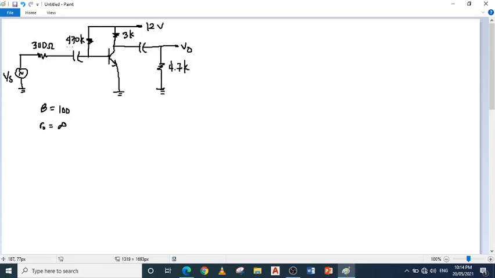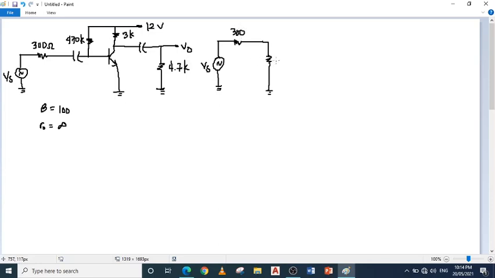So the AC equivalent of this, guys, is like this. We have RS, and then we have 470 kilo grounded. Then we have VS. This is C, 300.